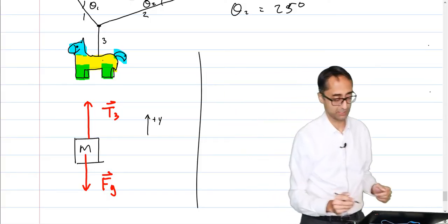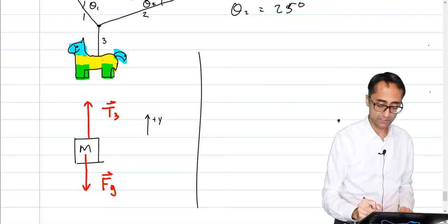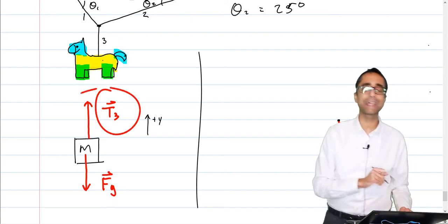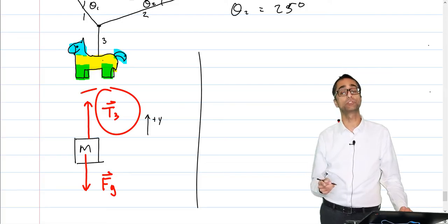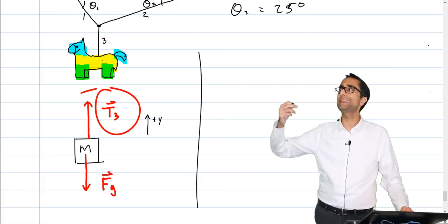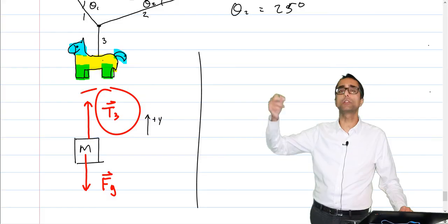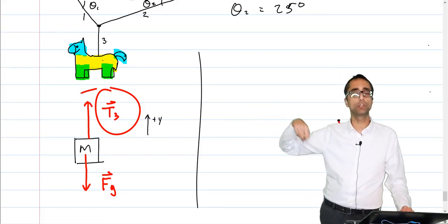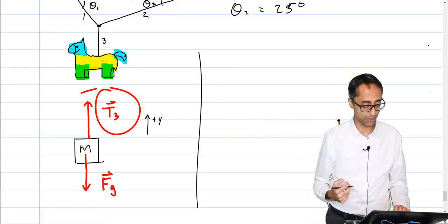They're all balanced with each other in equilibrium. And so this time our tension 3 is actually going downwards. It is the same tension as that tension, but in the opposite direction. We're seeing the equal and opposite force of the tension on the piñata on this node.